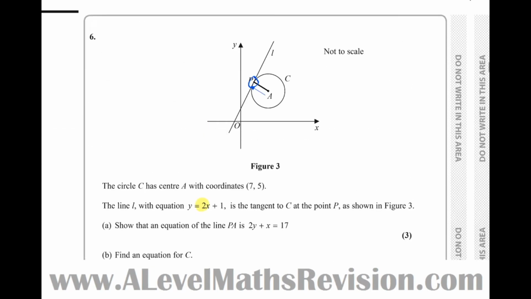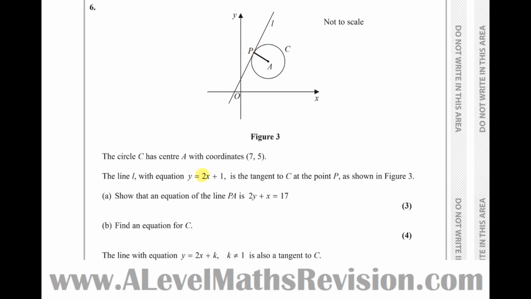So I'll put that on the diagram. So P is 3, 7. I know that A is 7, 5. So it's the distance between those 2 points, between 3, 7 and 7, 5.